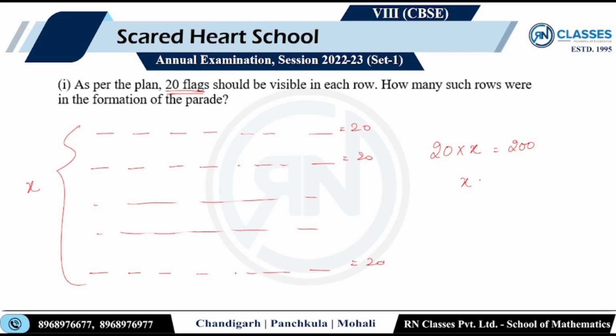So number of rows is 200 by 20. So that comes out to be 10. A simple logic based question. Common sense पे भी तो दे सकते हैं। Next one.